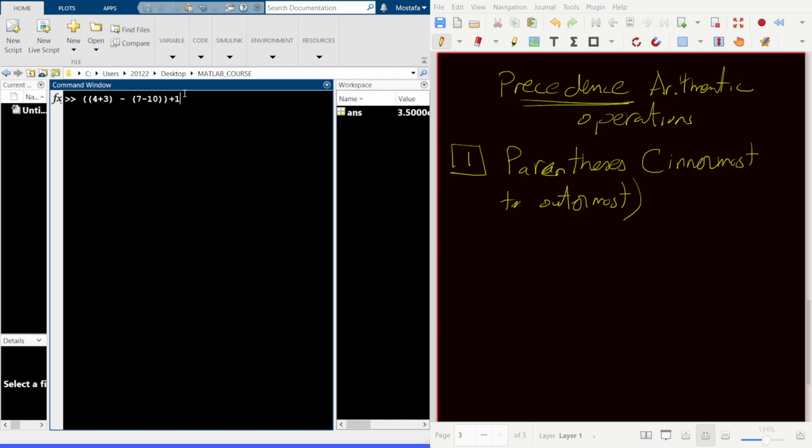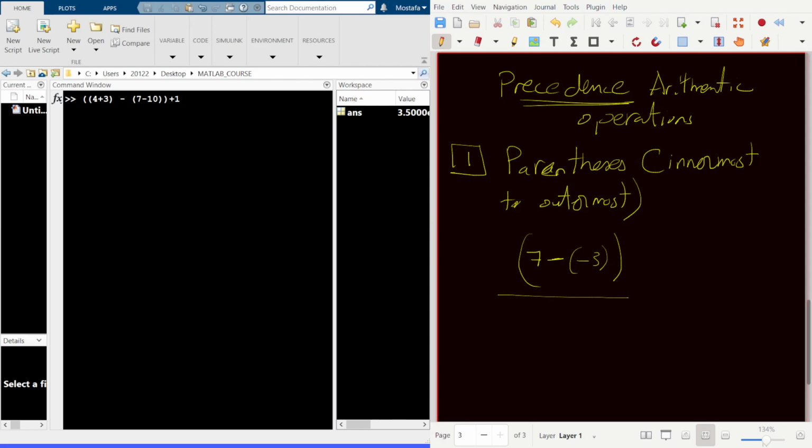So the way this actually runs is that the 4 plus 3 will be evaluated first, and that gives me 7. The 7 minus 10 will be evaluated next, and that gives me negative 3. And then there is a subtraction here that's going to happen, and this subtraction will be calculated, and that will give me 10.